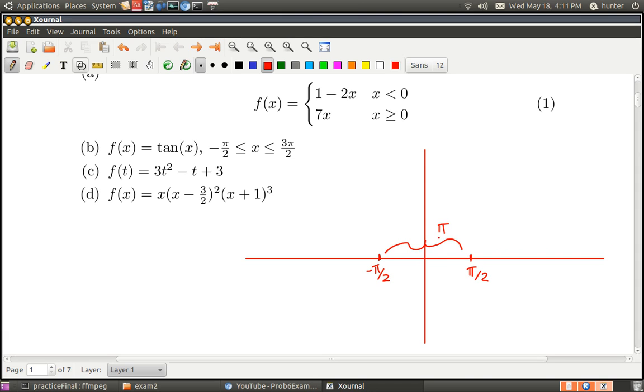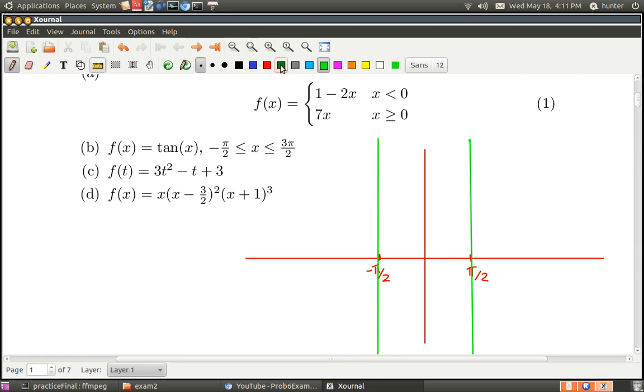That's how long one period of tangent is. And maybe I'll put some lines here because I'm going to have some asymptotes. I'm going to have a vertical asymptote for tangent there and a vertical asymptote for tangent there.